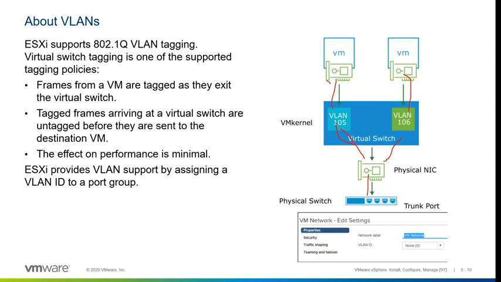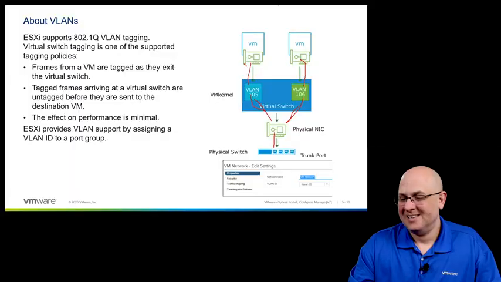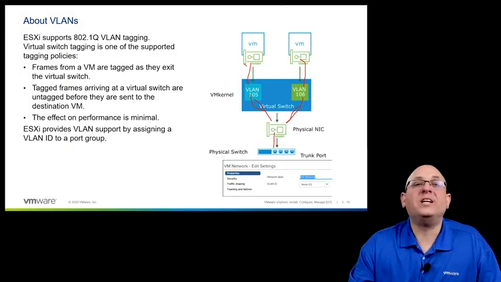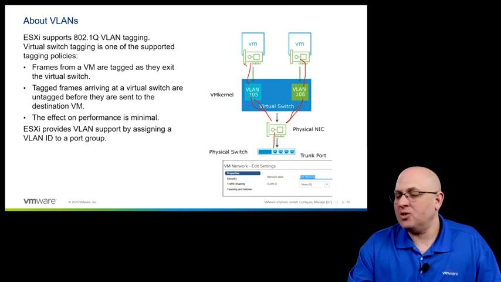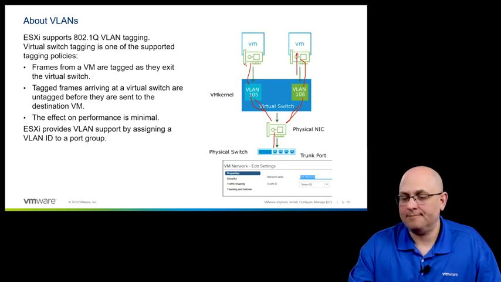Any traffic coming in that's tagged as VLAN 106 will come into this virtual machine port group, where the tags will be stripped. So the tags will be stripped when they reach the virtual machine port group, and the traffic will then be passed untagged into the virtual machines themselves, okay?